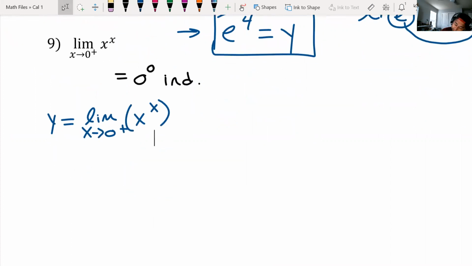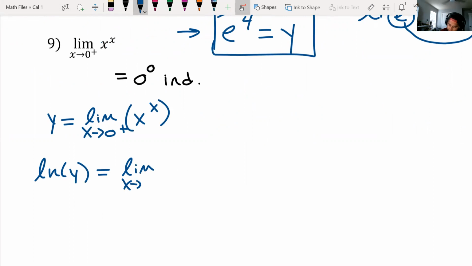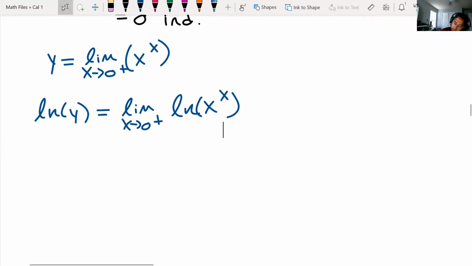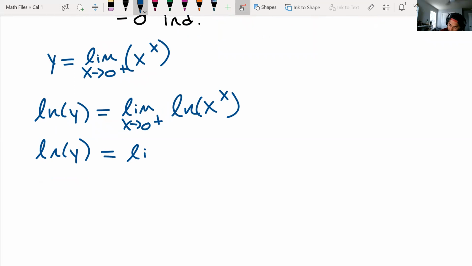And then we apply the natural log to both sides. And you get natural log y equals the limit as x approaches 0 from the right of the natural log of x to the x. Now remember, by natural log properties, that x will come to the front.